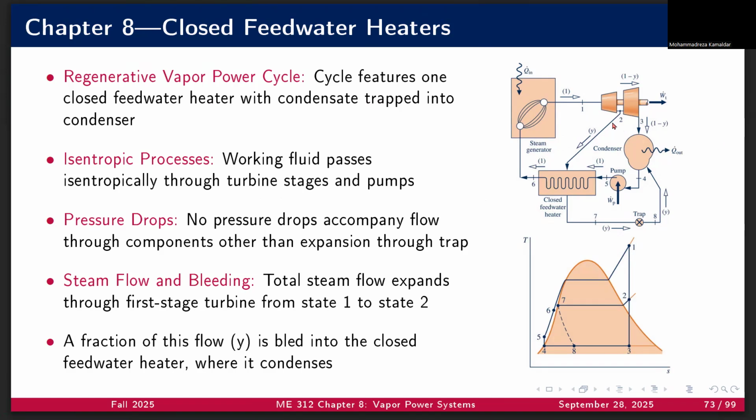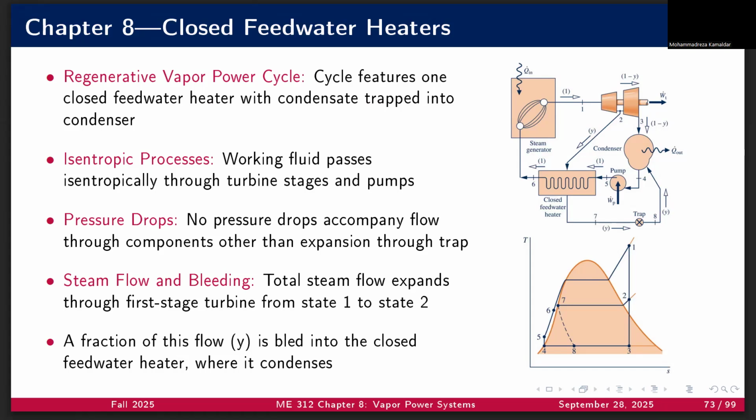This total steam flow, this 1 in parentheses, expands isentropically through the first stage of the turbine, generating this work W dot T for the first stage. And then we have this steam bleeding at state 2.